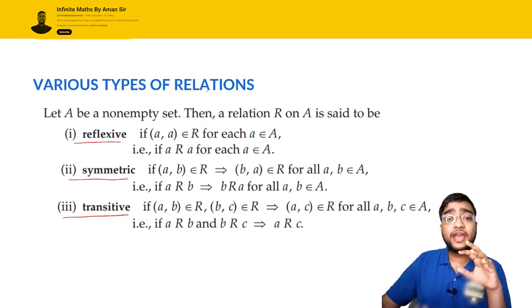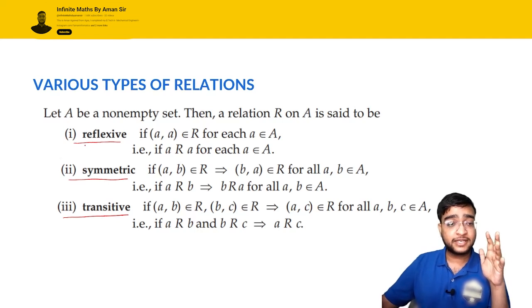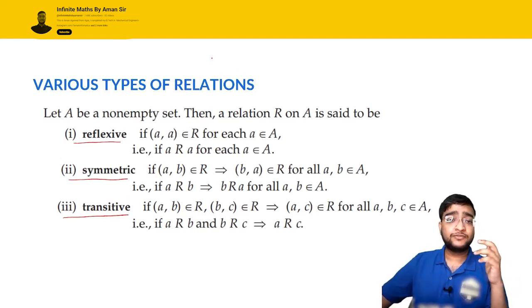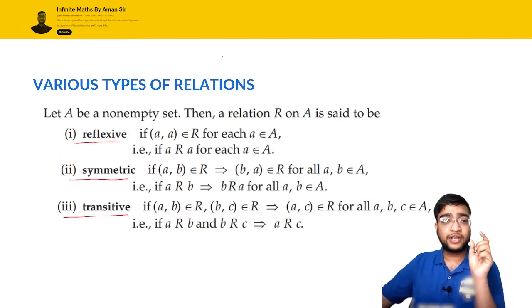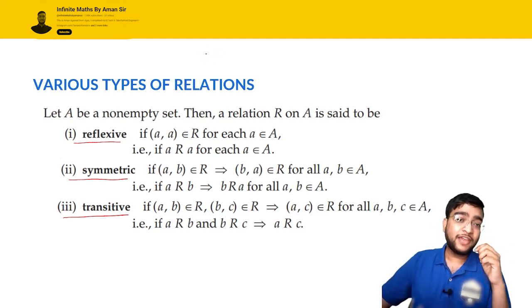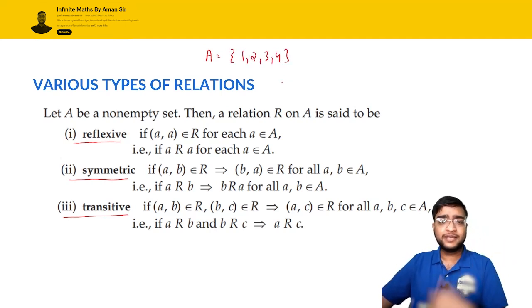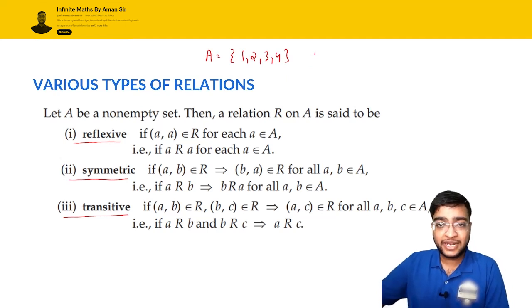For the examples of reflexive, symmetric and transitive relations, I take reference from the past lecture, our first lecture. Say there is a set A with the elements 1, 2, 3 and 4, and there is a relation on A. What does that mean?